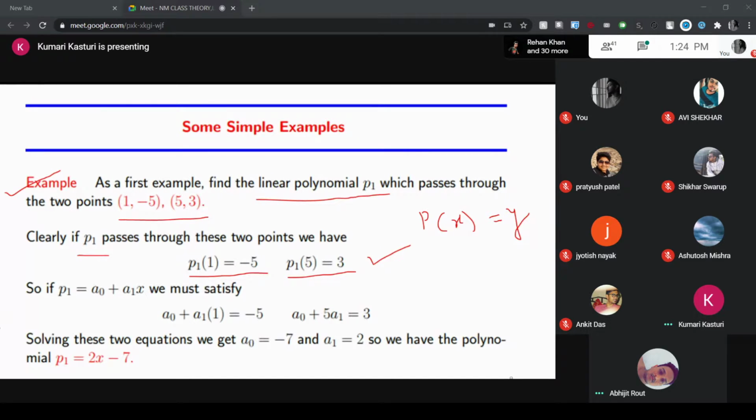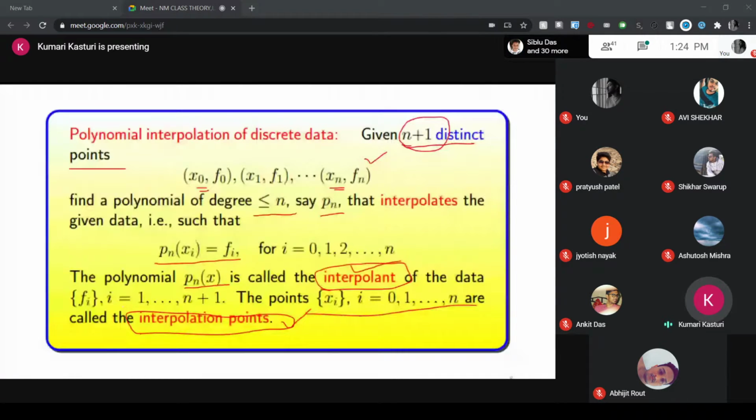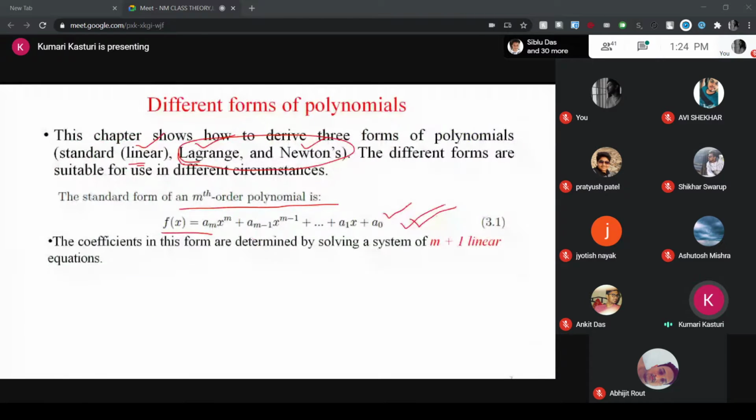Now, P1 is a0 plus a1x. Why have I taken a0 plus a1x? Because it is a linear polynomial, so obviously the degree of the polynomial should be 1. That means from the general equation the polynomial contains only these 2 terms. Okay.